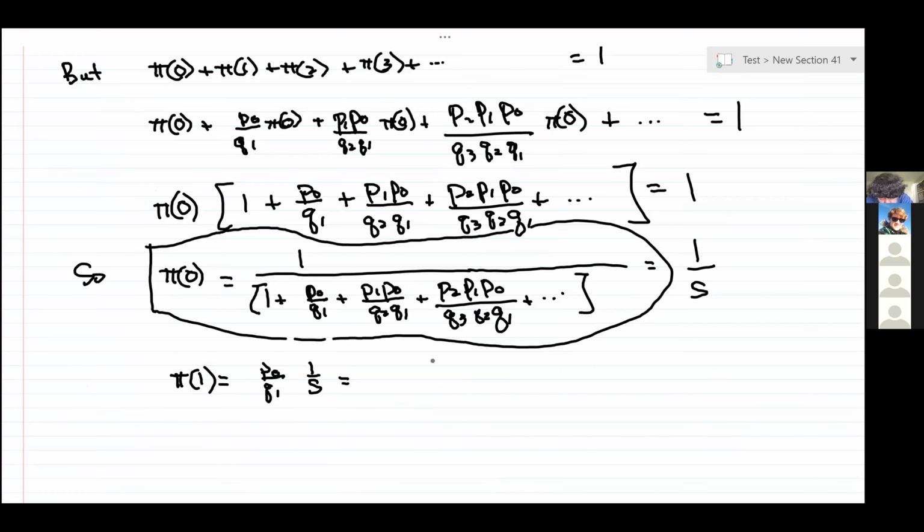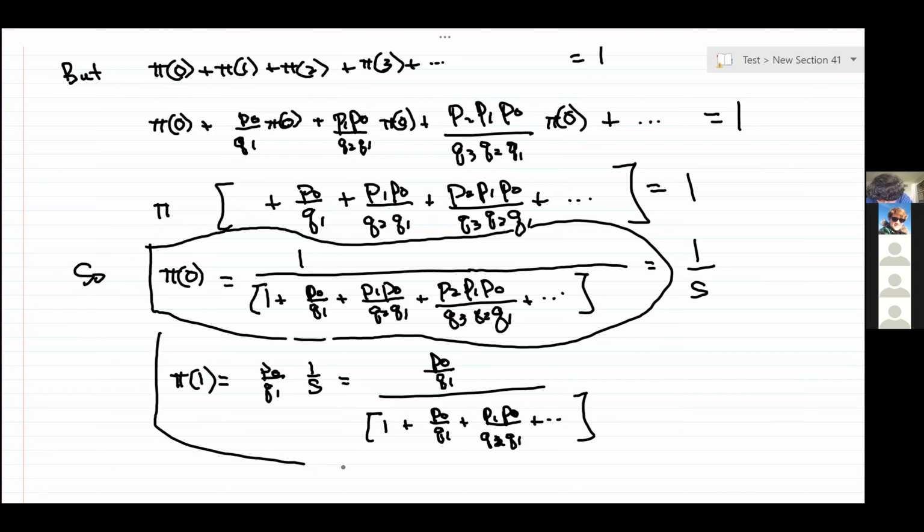It looks like P0 Q1 upstairs, and the bottom looks like this again. Tired of writing this out. Let's stop it. Third term, Q2, Q1. But that's pi 1.